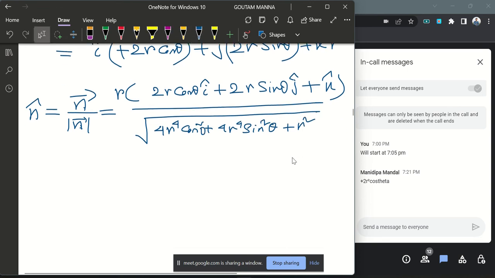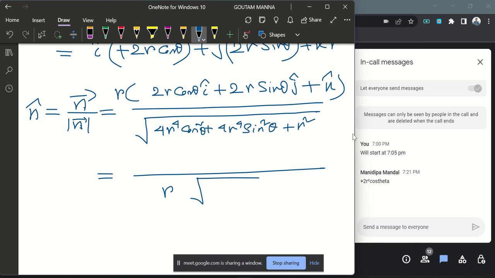And now if you take 4 r to the power 4 common, then sin square theta plus cos square theta is 1. Then if you take r square common, it will be r under root of 4r square plus 1, times 2r cos theta i hat plus 2r sin theta j hat plus k hat.